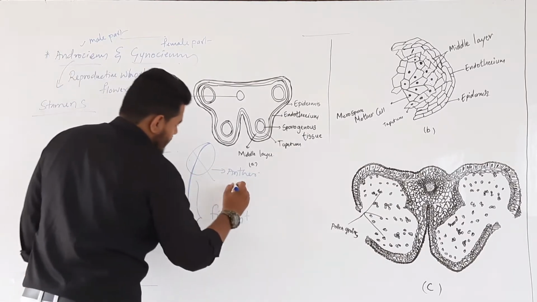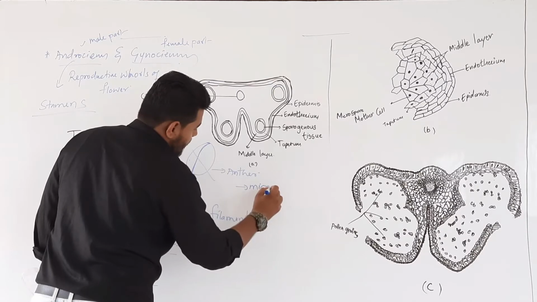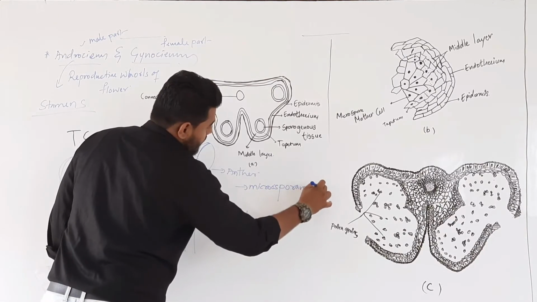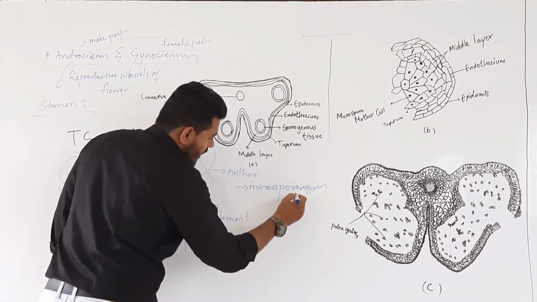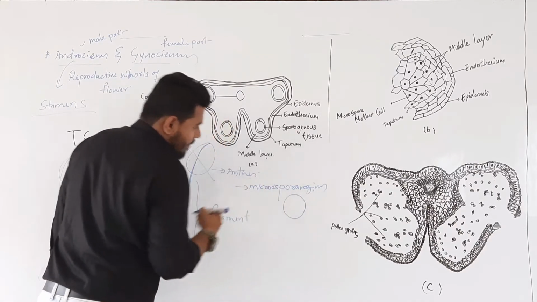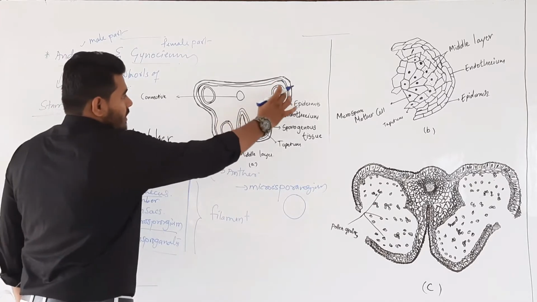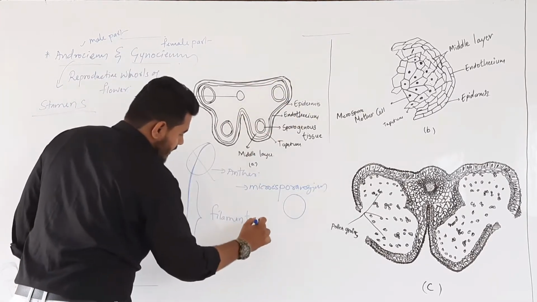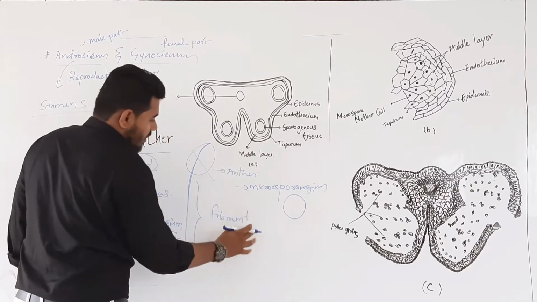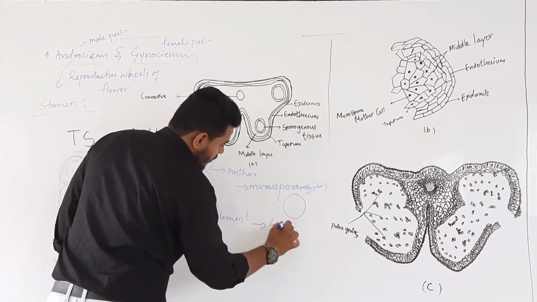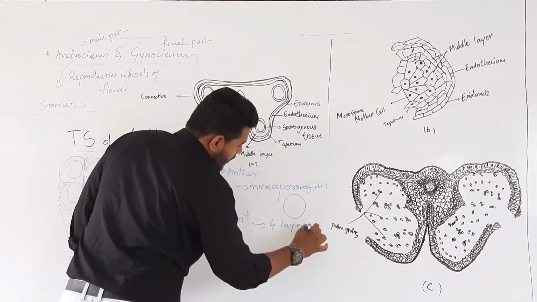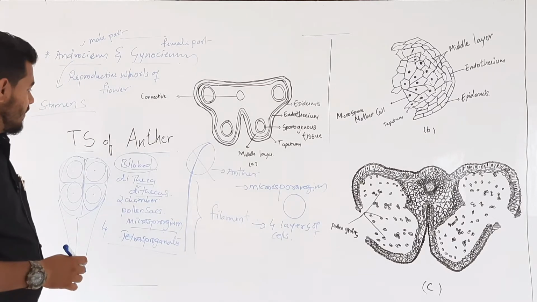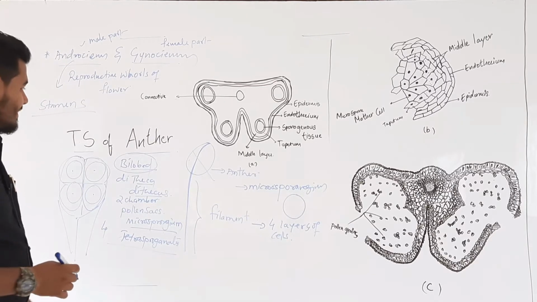This microsporangium is circular in appearance, remember. It consists of 4 layers of cells.